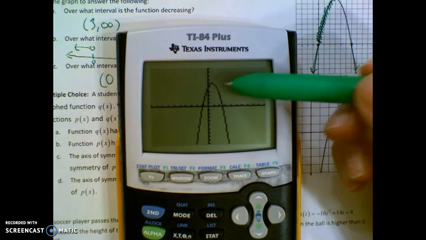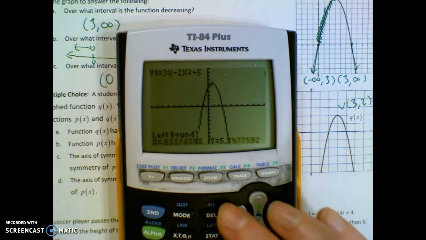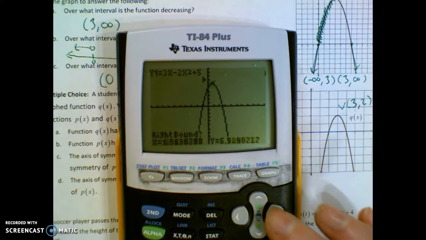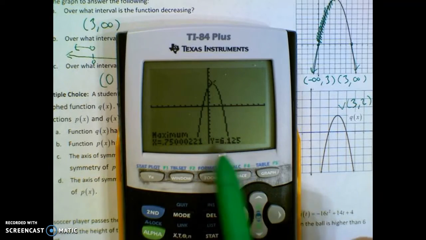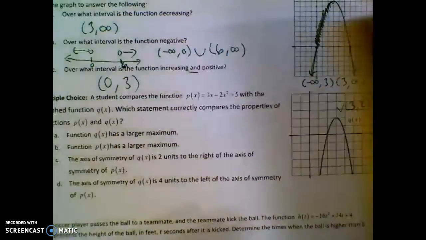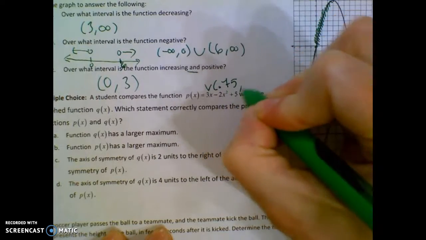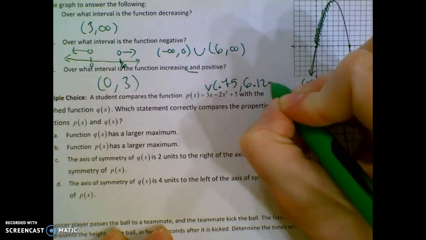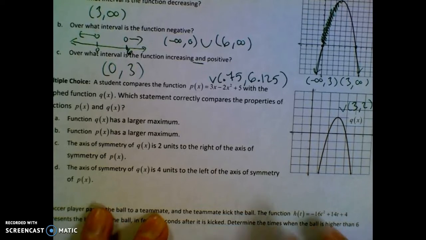There it is. How do I find my vertex? Second trace, it's a maximum. Left bound, enter. Right bound, enter, enter. So my vertex is 0.75, 6.125. So the vertex for P is 0.75, 6.125, and that's going to give us all we need to know to answer every question.